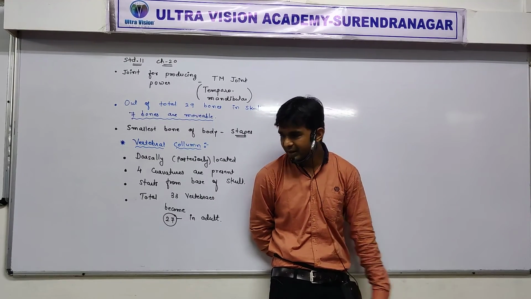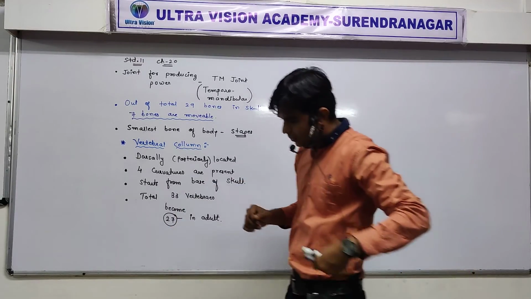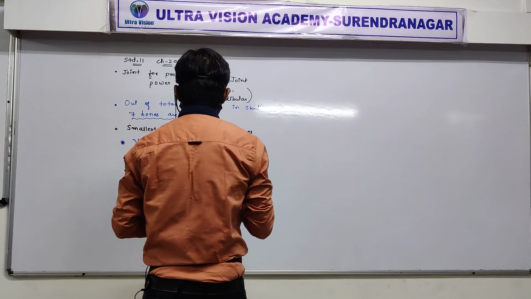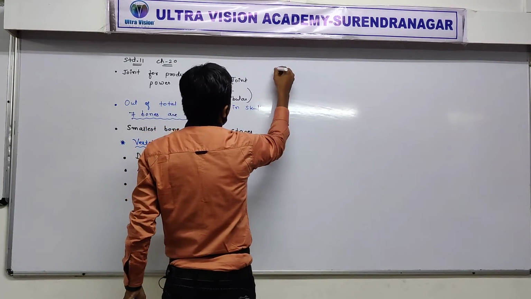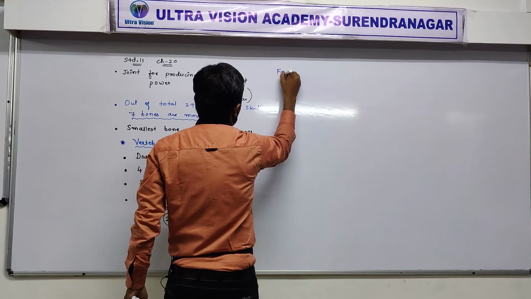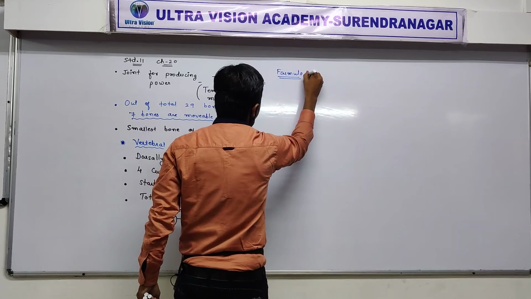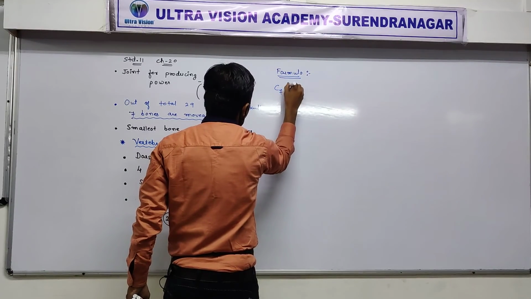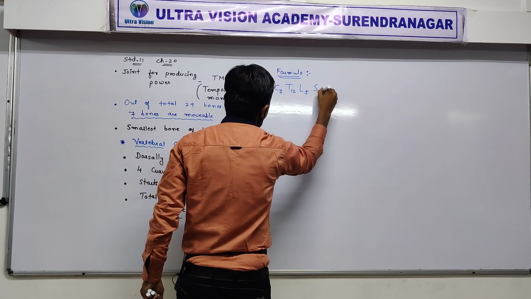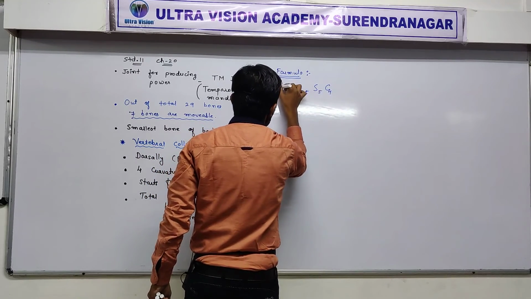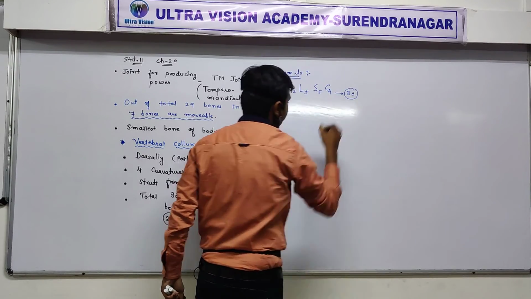And 23 bones are there, it becomes 27. So now the vertebral column formula: C7, T12, L5, S5, C4. So you count these digits, they become 33.